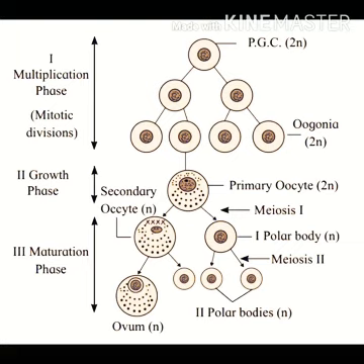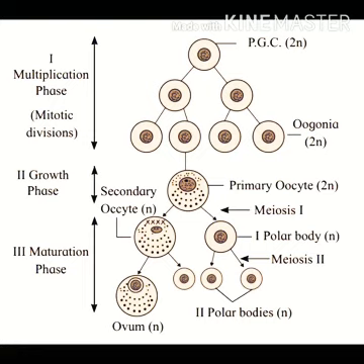Now, in the third phase, that is the maturation phase, what changes take place? See students, as you know, oogenesis takes place in the ovaries. The process is initiated before the birth of the female baby. The primary oocyte, which is diploid in number, enters the maturation phase, which includes meiotic division.